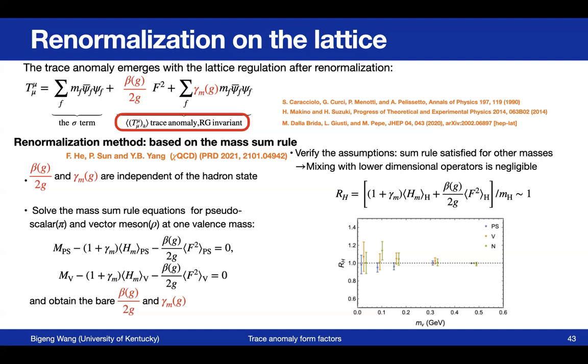Yeah, we just got a number. We fixed these coefficients at one certain valence quark mass, but we apply this for other quark masses, and we didn't see a significant deviation from one. That's good enough. They tried one and then they checked that the other ones worked.